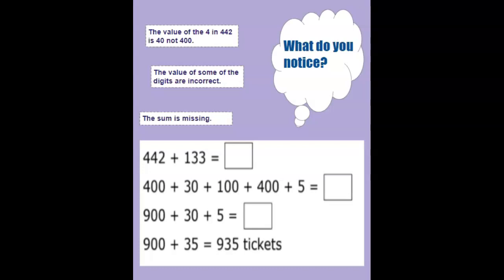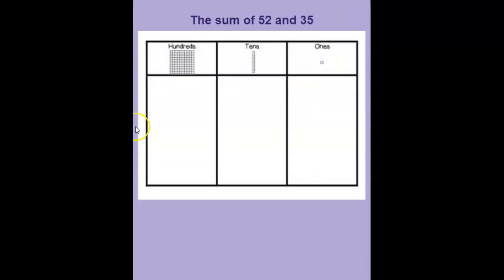So let's look at how we can use our knowledge of base 10 blocks to help us decompose numbers by place value. I have up here that I need to figure out the sum of 52 and 35.